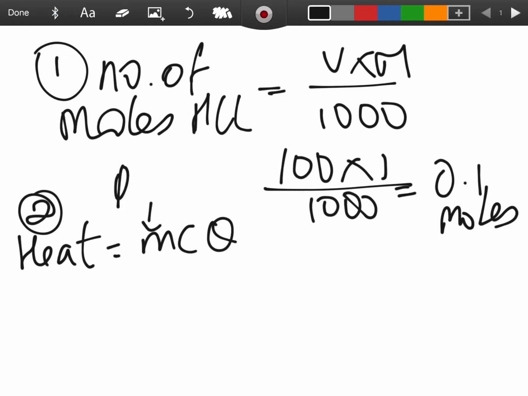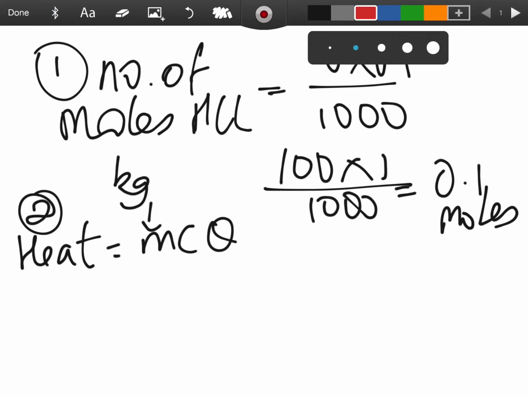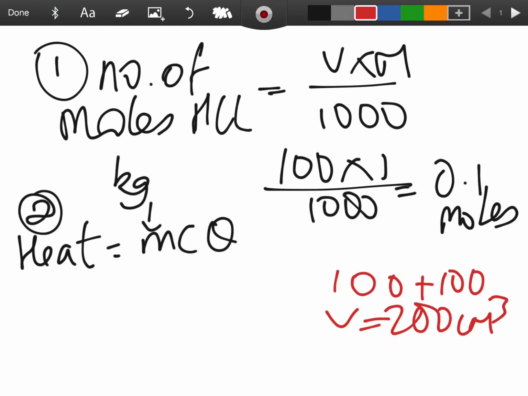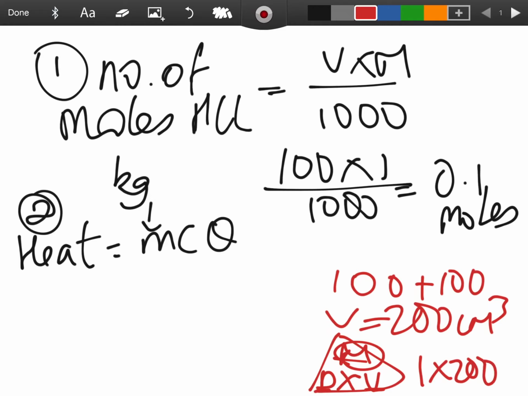Step 2, then you're going to calculate the heat that's generated in the cup using your formula mcθ. Now, m is mass in kgs, right? So we have to get the mass of the solution first before we can do any more. They told us that you had 100 cubic centimeters of acid and 100 cubic centimeters of base. So the total volume is 200 cubic centimeters. They told you to assume that the density was the same as the density of water, 1.